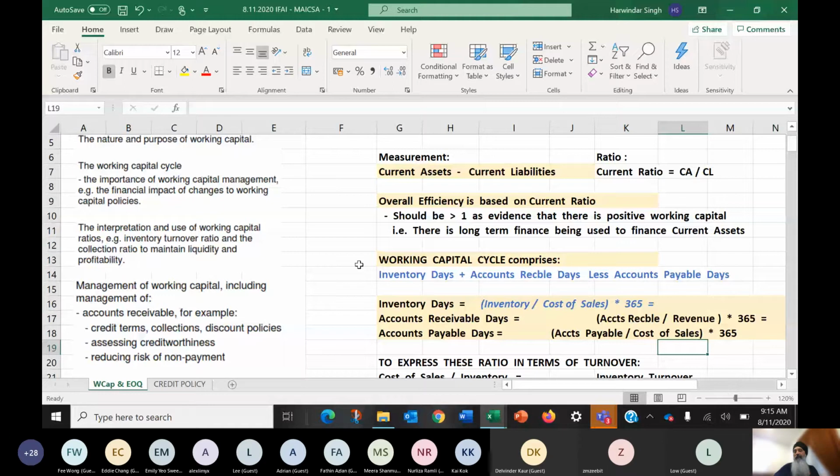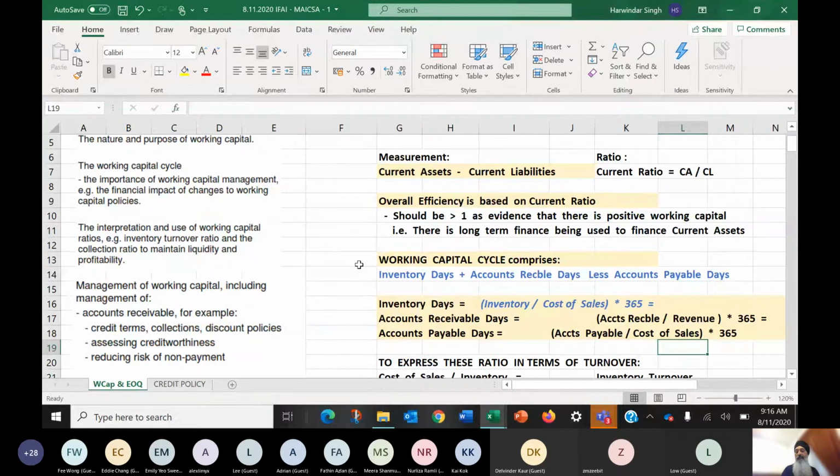If you want, in your notebook this morning, you can just make a note to yourself. Accounts payable days can be accounts payable divided by cost of sales times 365, or it can be accounts payable divided by total purchases times 365, if that information is available.